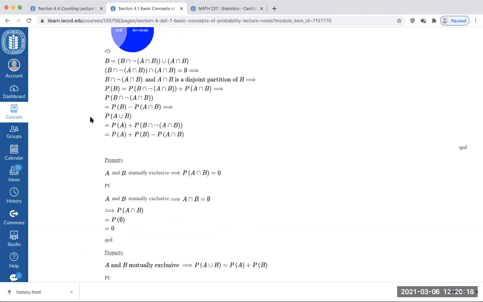The probability of A union B is the probability of A plus the probability of B minus the probability of A intersect B.